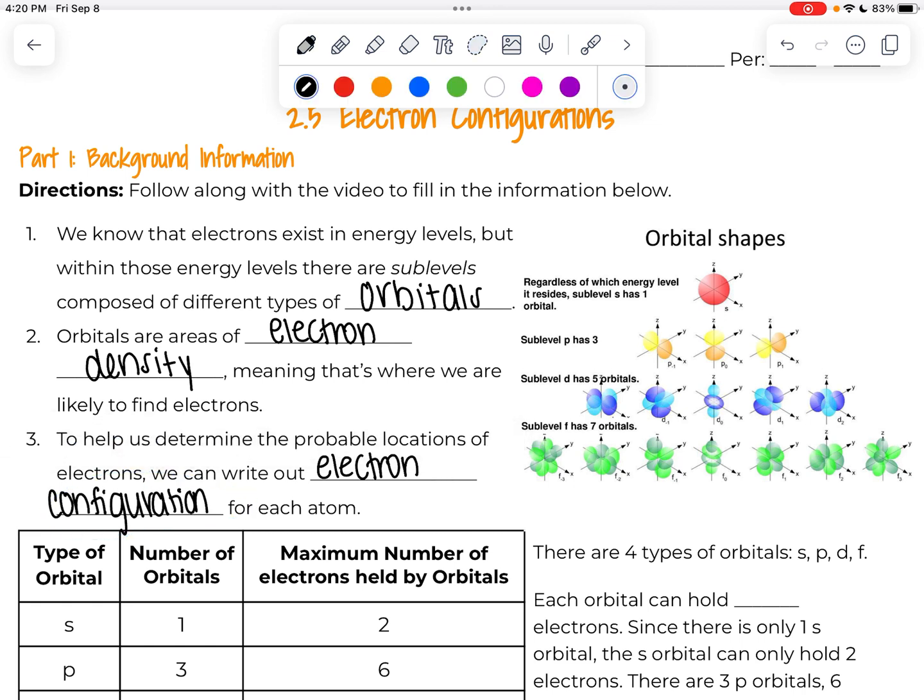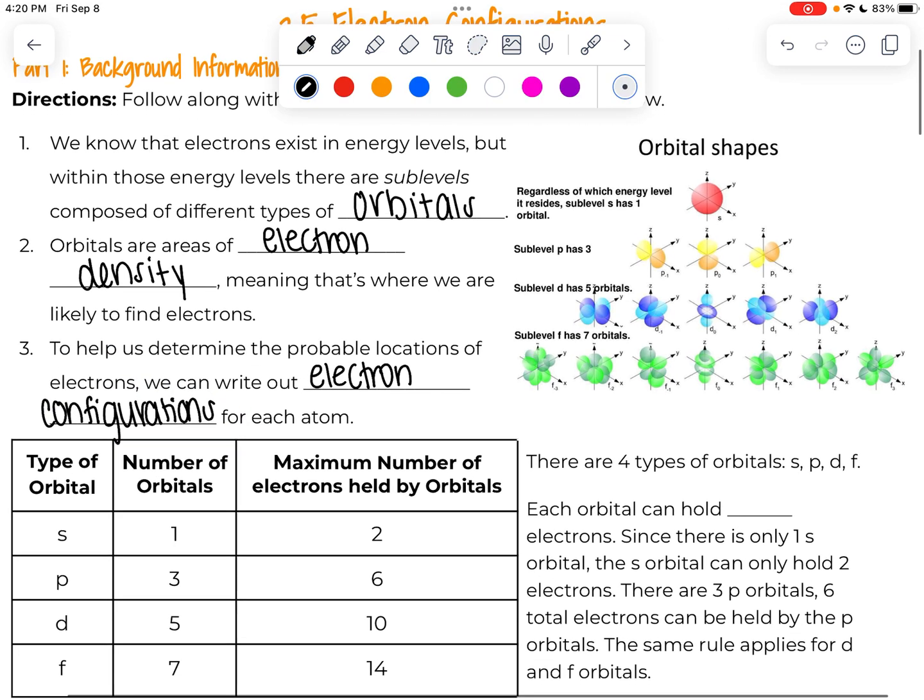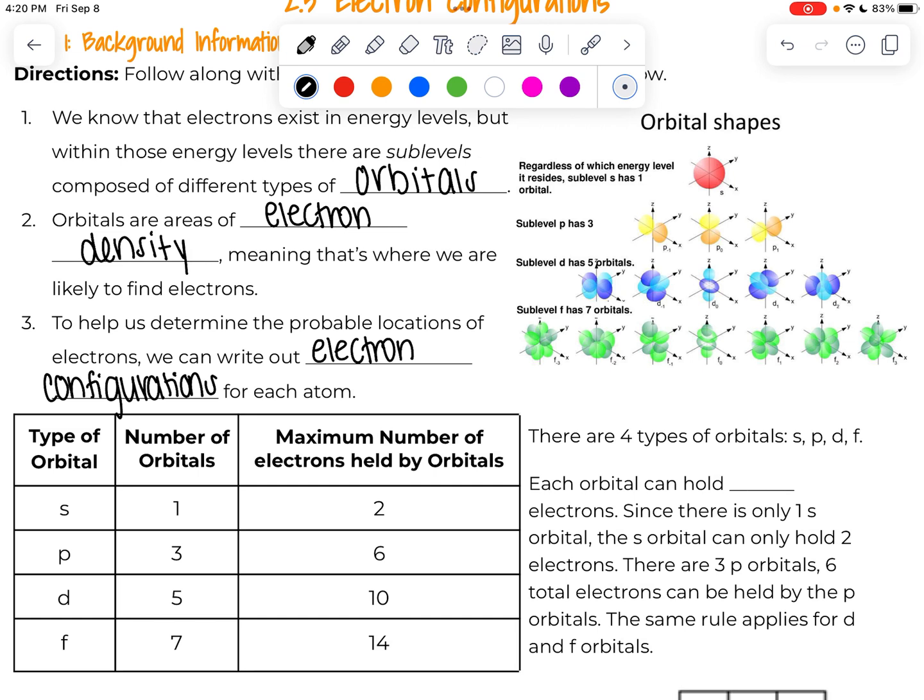So there are 4 different types of orbitals as seen in that picture. S, P, D, and F are the names that they go by. Every one of these orbitals can hold 2 electrons. But there's different numbers of these orbitals in each of these sublevels.